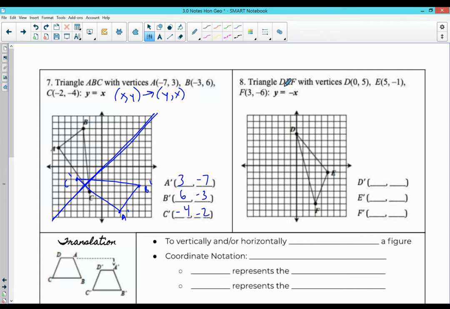All right, and then finally we're reflecting over y equals negative x. So (x, y) becomes (negative y, negative x). So we switch their spots and change their signs. That line is approximately there, so that's what I'm reflecting over. Switch their spots, change their signs. (Negative 5, 0), (1, negative 5), (6, negative 3). And plot.